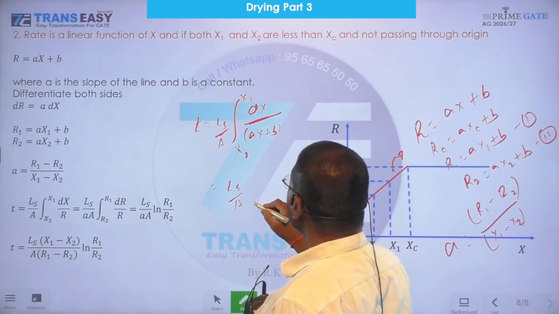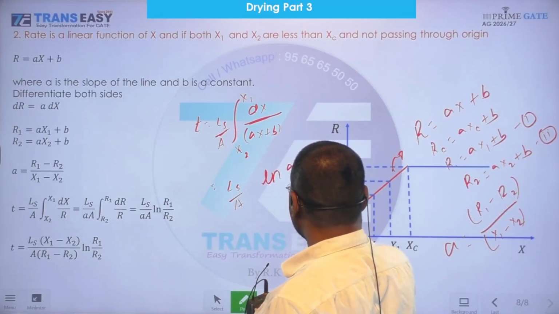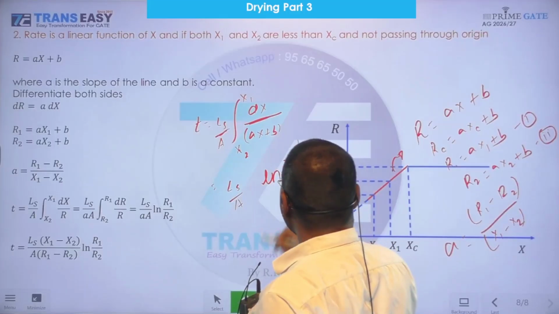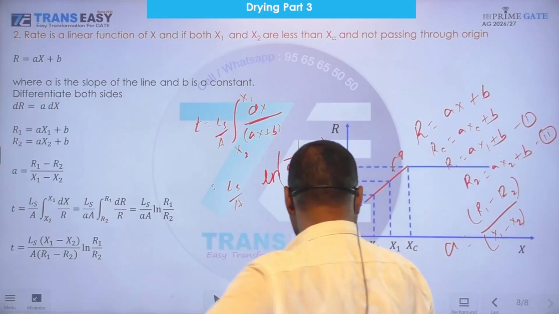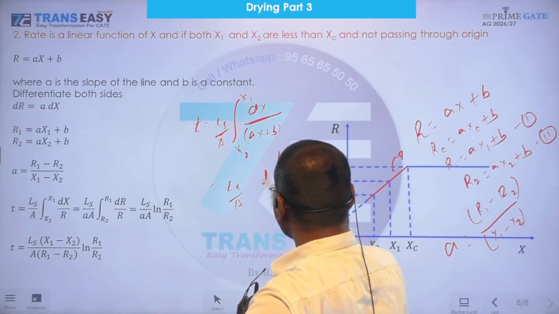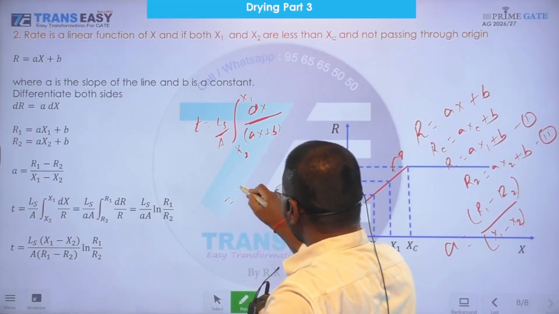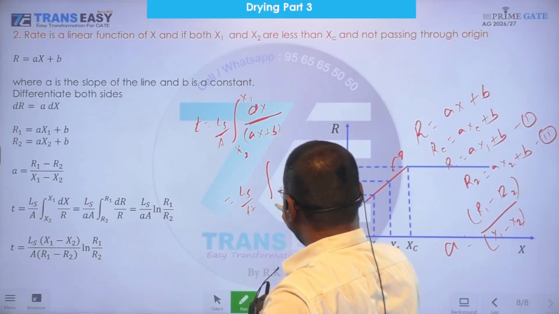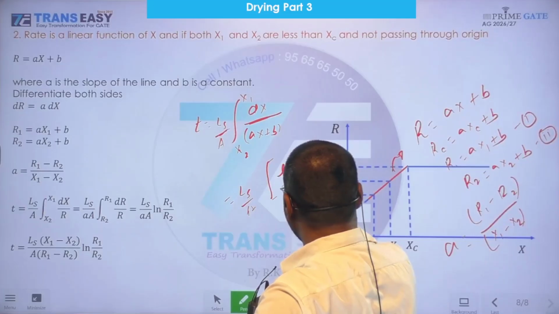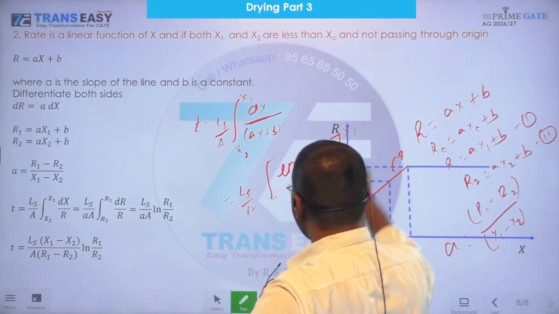Ls upon A, and the integration is ln of (a x plus b) upon a, from x2 to x1.